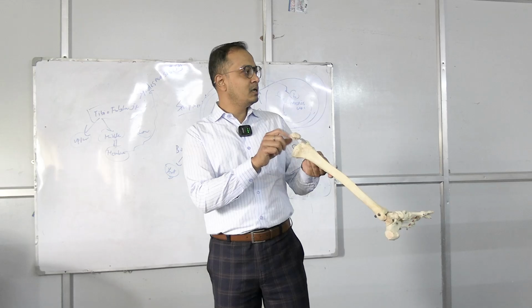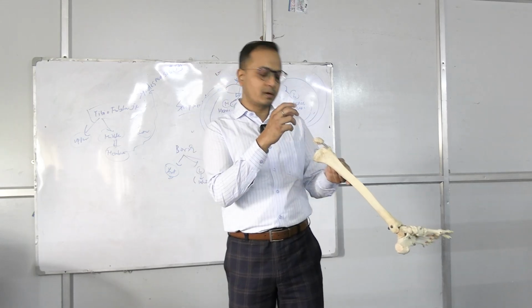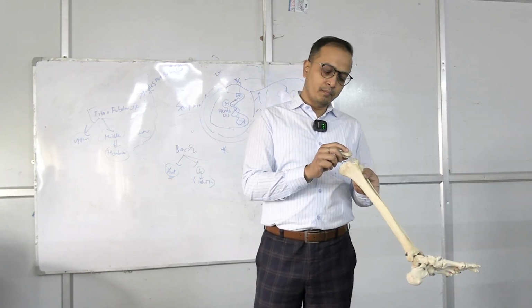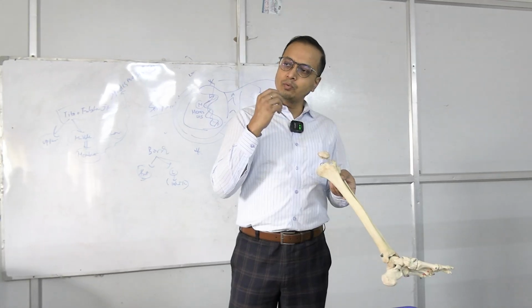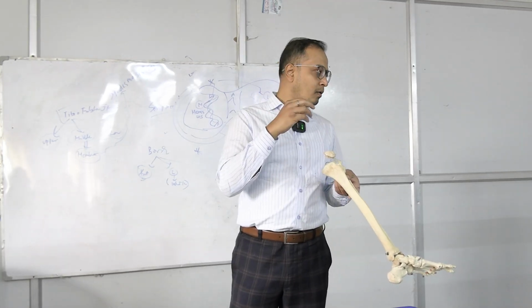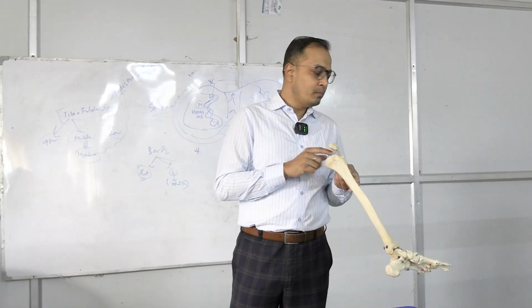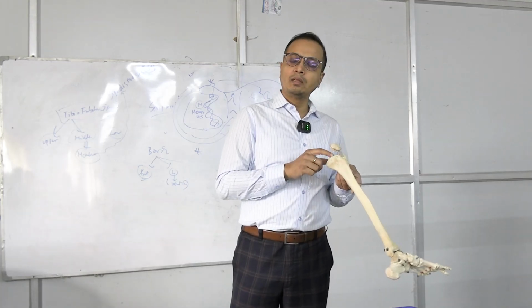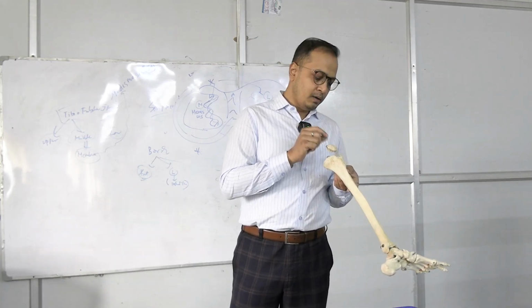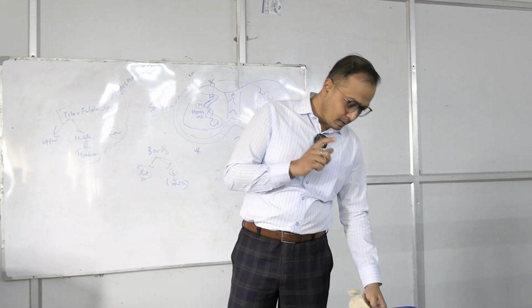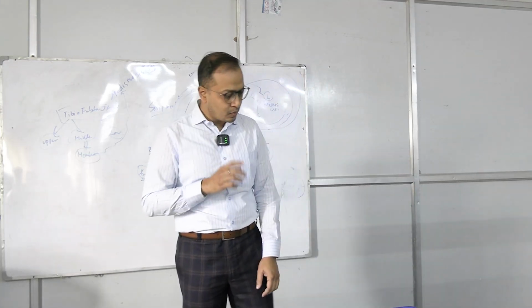This bone is sitting on the front of the femur. So, the patella makes a joint with the lower end of the femur, not with the tibia. There is no bony articulation with the tibia. Remember that during examination, do not get confused.